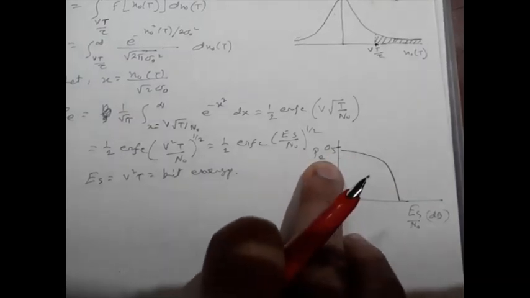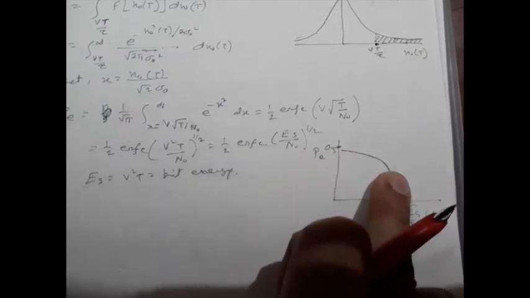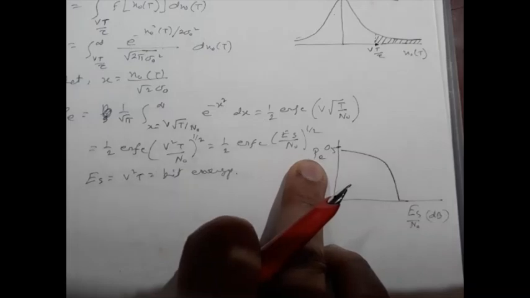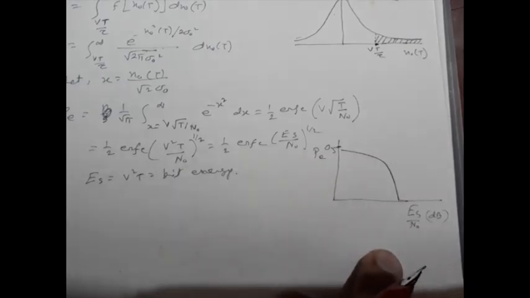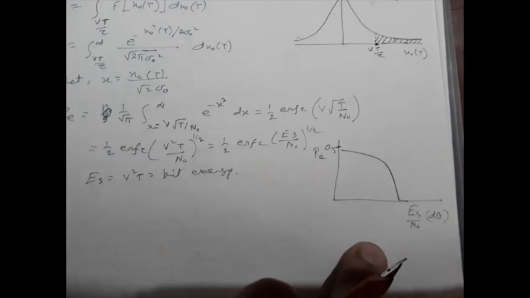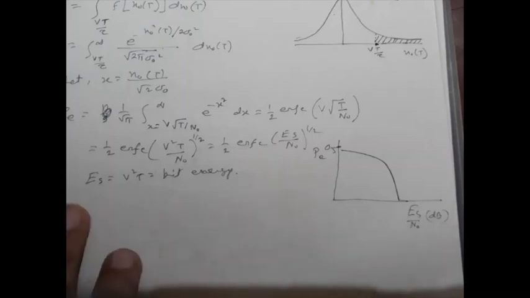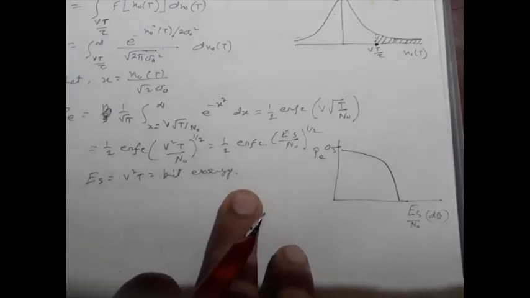So PE decreases with increase in Es by N0. Es by N0 is nothing but a kind of signal to noise ratio. That means signal to noise ratio and the bit error probability are linked to each other. So even if the signal is entirely lost in the noise, so that any determination of the receiver is a sheer guess, the receiver cannot be wrong more than half the time on the average. So this is the bit error probability for the dump and integrate filter.